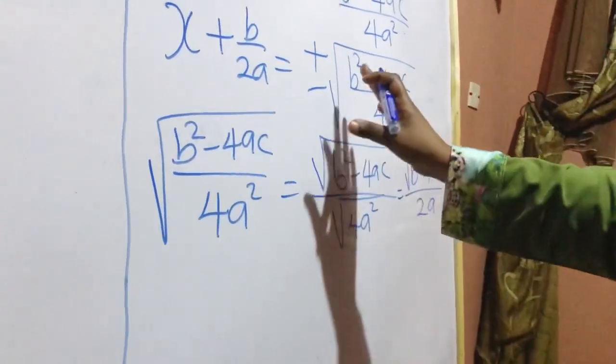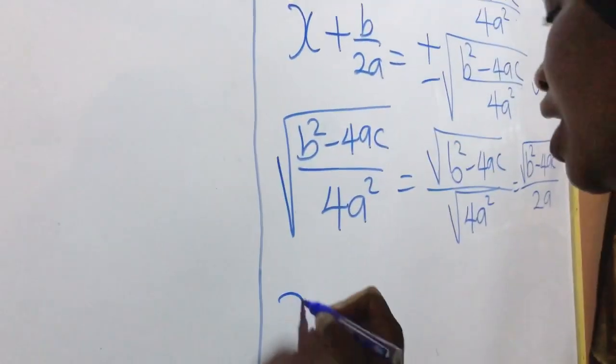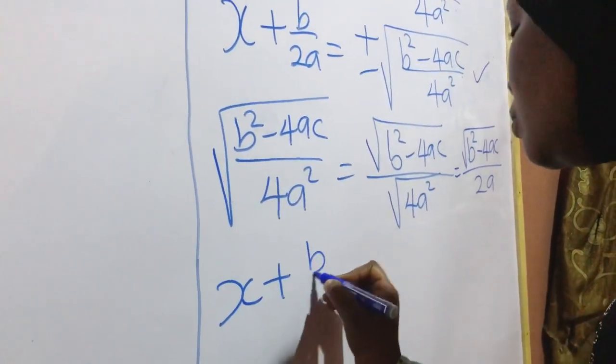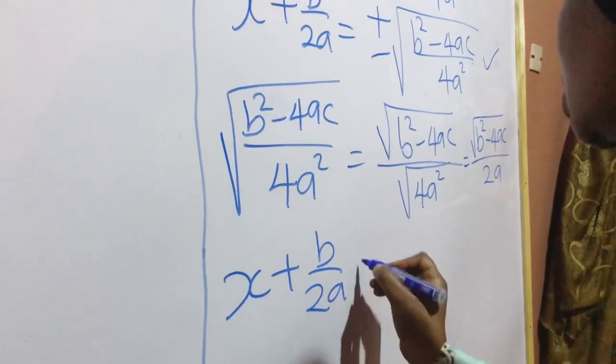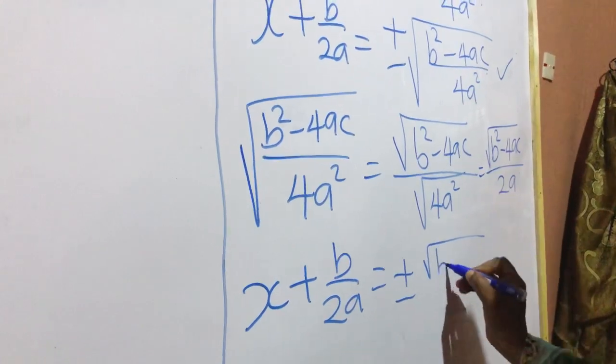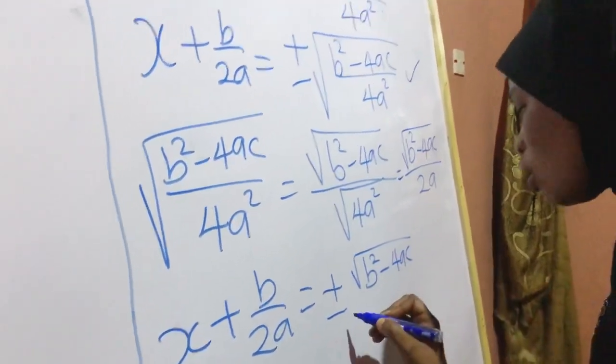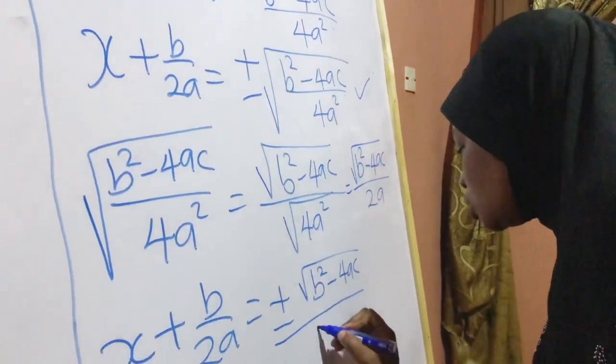So back to where we stopped. Let's come back here. We have x plus b over 2a is equal to plus or minus root b squared minus 4ac over 2a.